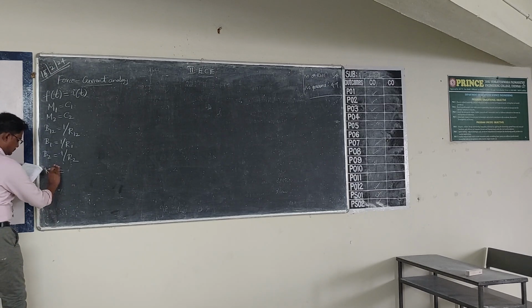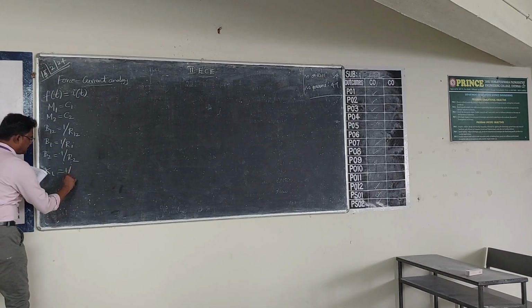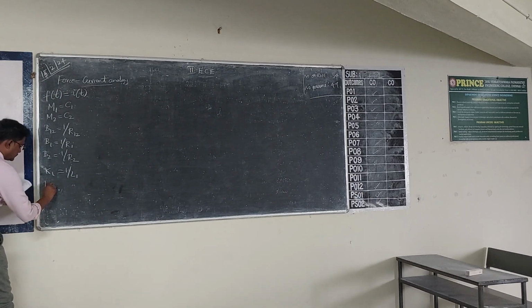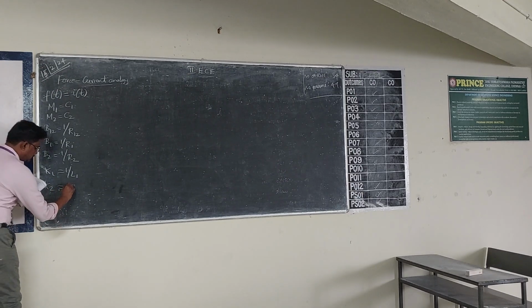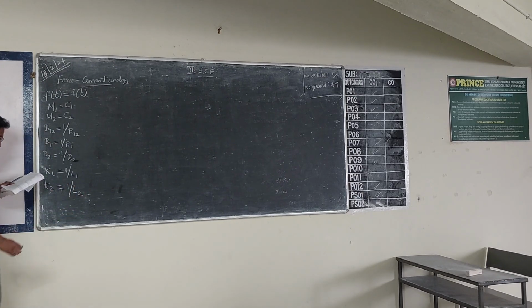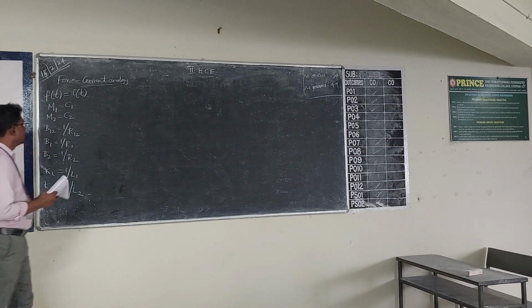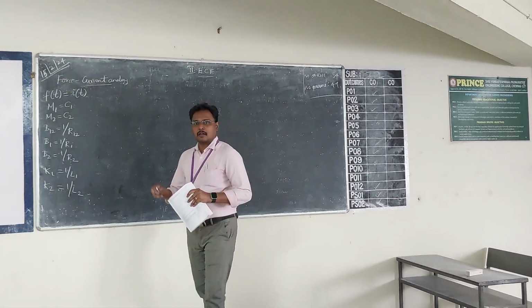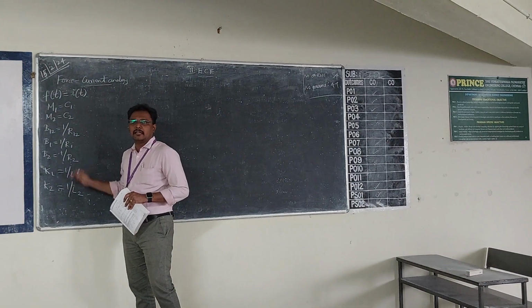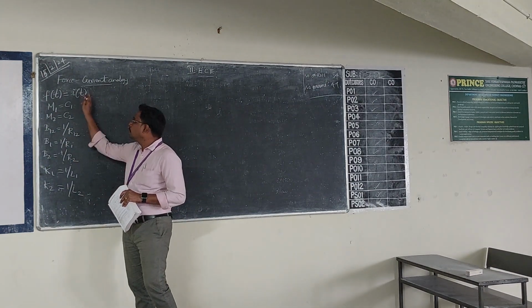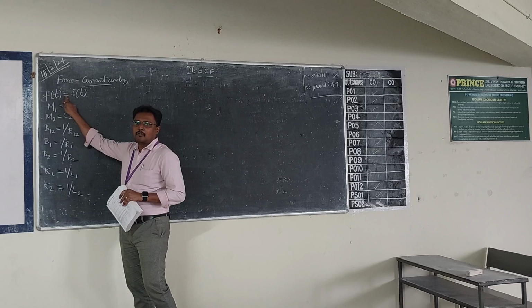K1 is equal to 1 by L1. K2 is equal to 1 by L2. So these are all the corresponding electrical equivalents for the force current analogy. This is the main for the marks.